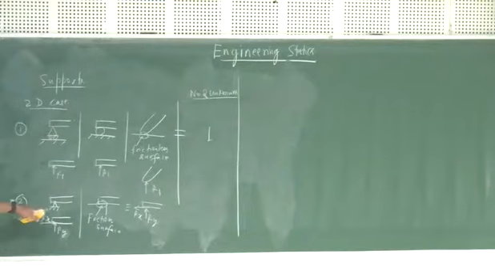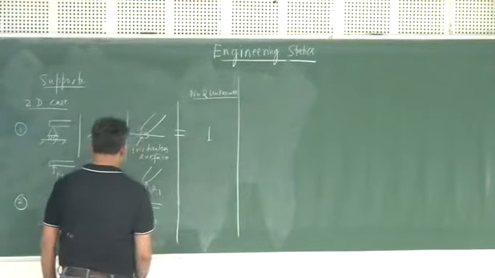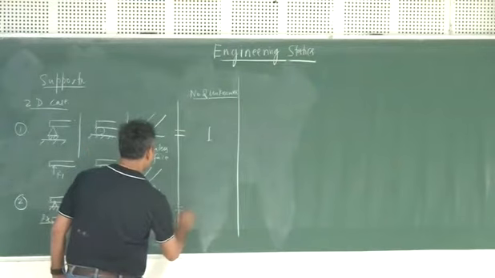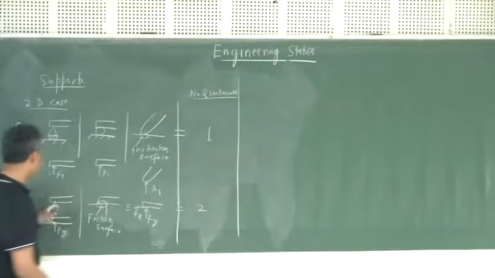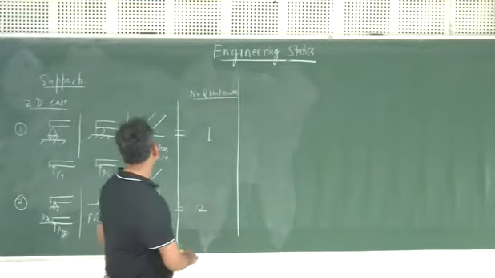Okay. So here again it is adding two unknowns. Eventually, this kind of support gives you two unknowns.